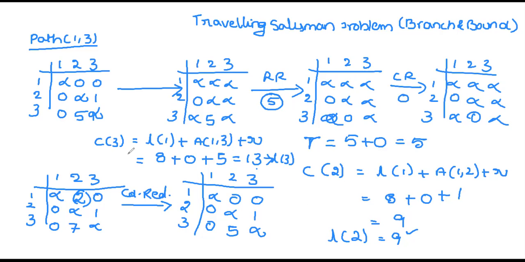So here the least path is, first we will traverse from 1 to 2. Why? Because 2 is selected. Then we need to calculate the path 3 to 1, sorry, 2 to 3. Why? Because only 3 nodes are there. First 1 to 2 we will traverse, then 3 becomes the node to be visited. That's why we need to find the path from 2 to 3.